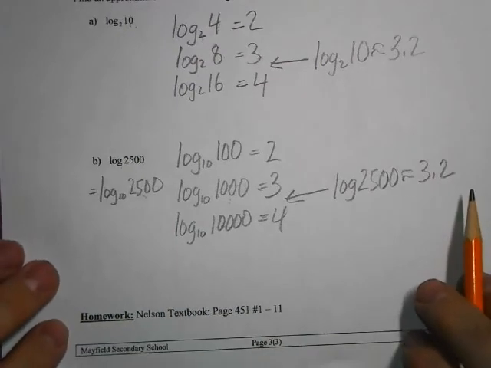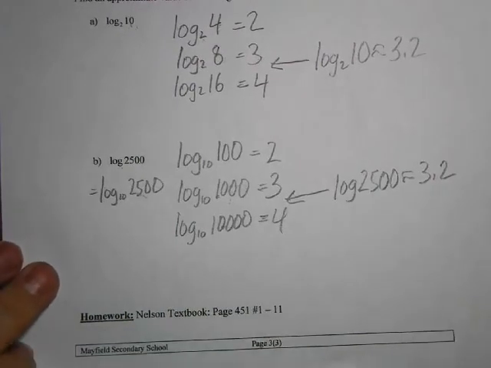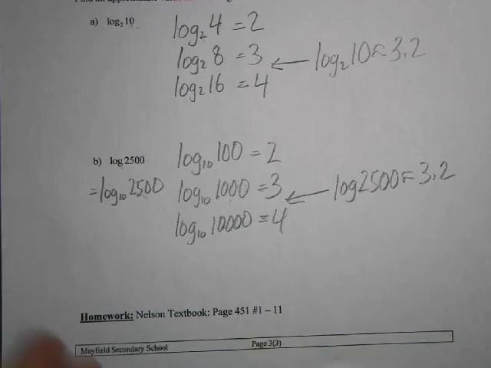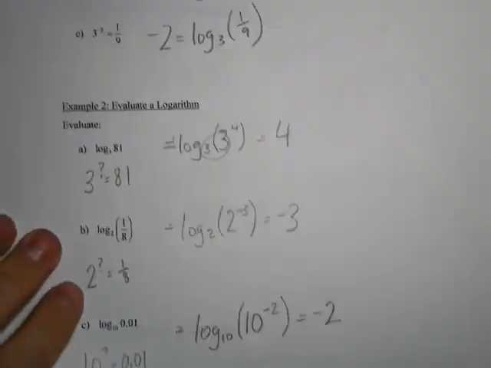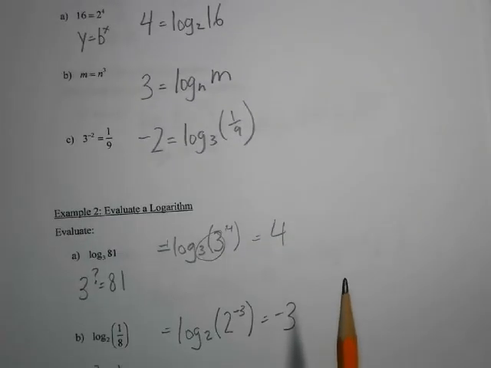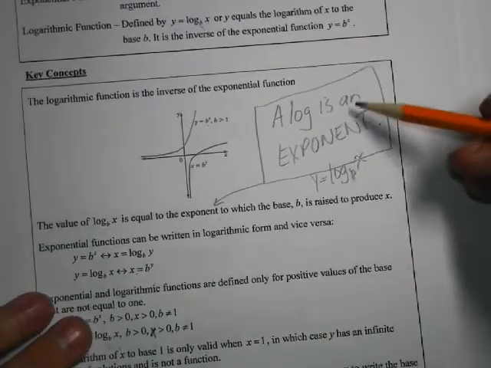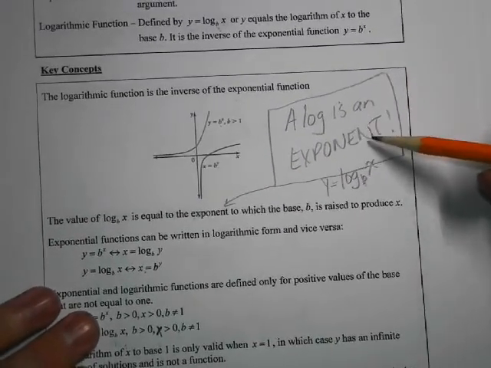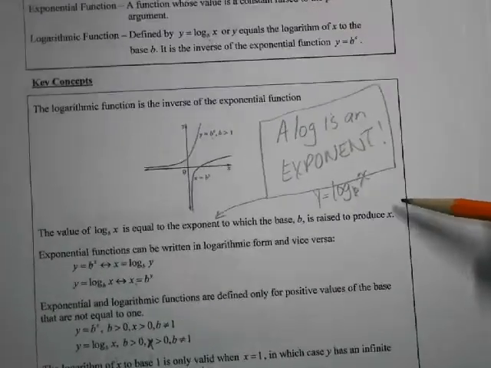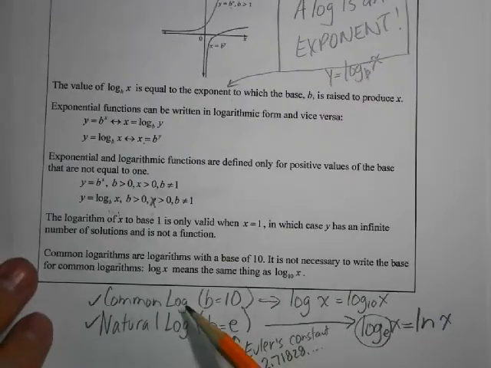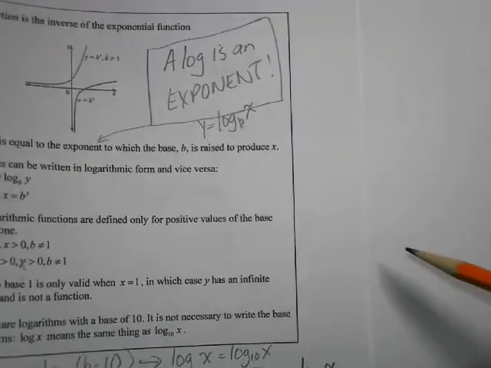Okay, so that concludes the lesson. If you think about what we've done, we looked at the form of exponential versus logarithmic. And remember, the most important thing to remember, a log is an exponent. We learned about common log and natural log. Those are just very specific bases that we use a lot.